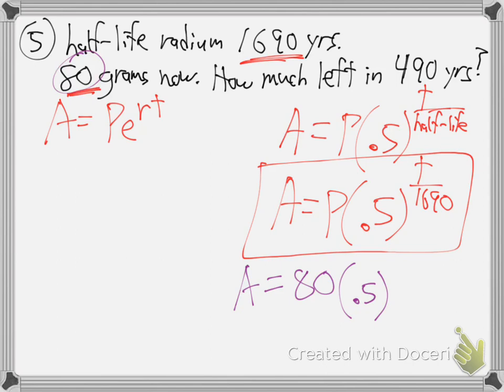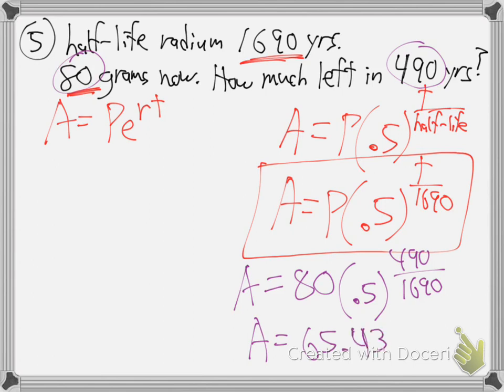What's the time? 490 years, over 1690. This is kind of like what you were saying, Renee, about dividing, getting that portion. This is how you would do that. Yes, you're exactly right. And this is 490 divided by 1690 times 80. So I'm getting the amount will be 65.43, however far they want us to round, grams left after 490 years.